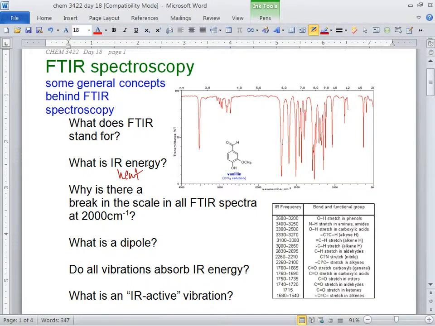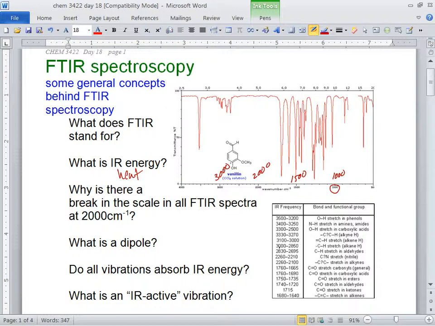So Brandy, why is there a break in the scale? A break in the scale? What are they talking about? I think they're saying, see, here's 1,000. Here's 1,500. Here's 2,000. And then 3,000.